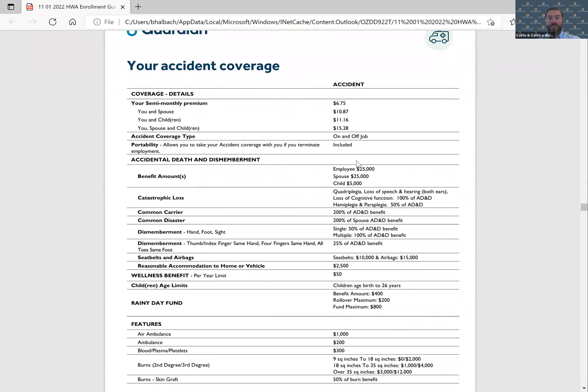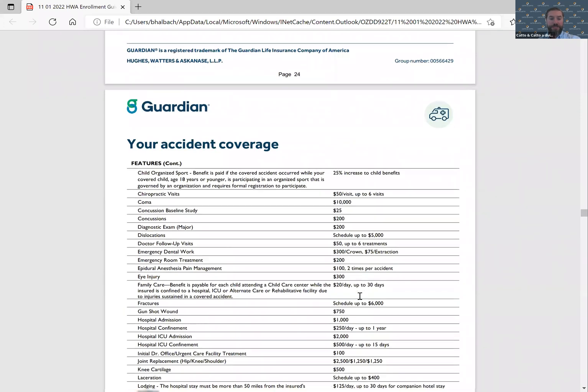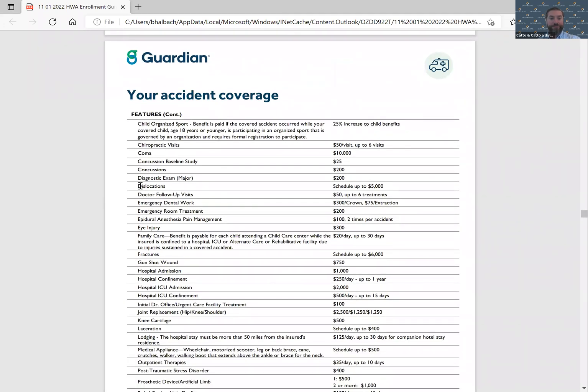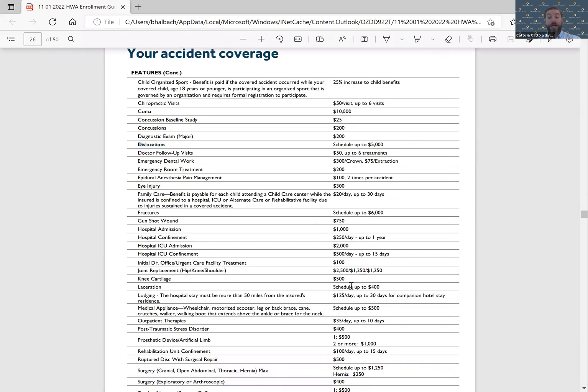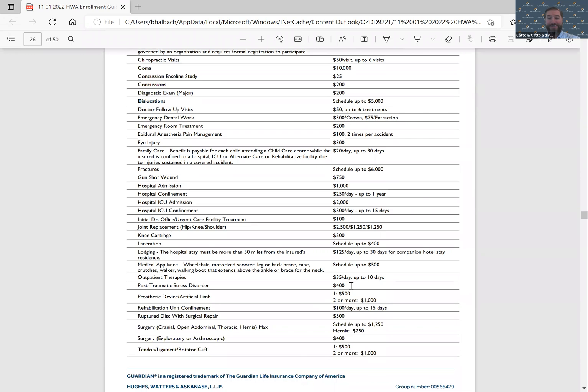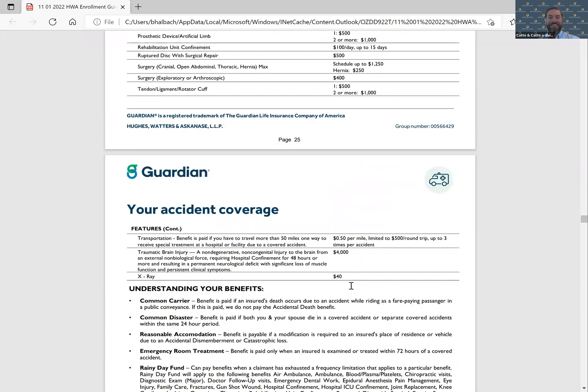This is the accident coverage. Again, all of this will be on Employee Navigator. I like to pick on this one, dislocation. I have a colleague whose son was a wrestler and just kept getting his arm dislocated, and she was very happy, not that that happened, but that there was a little bit of a way to pay for the care he needed.